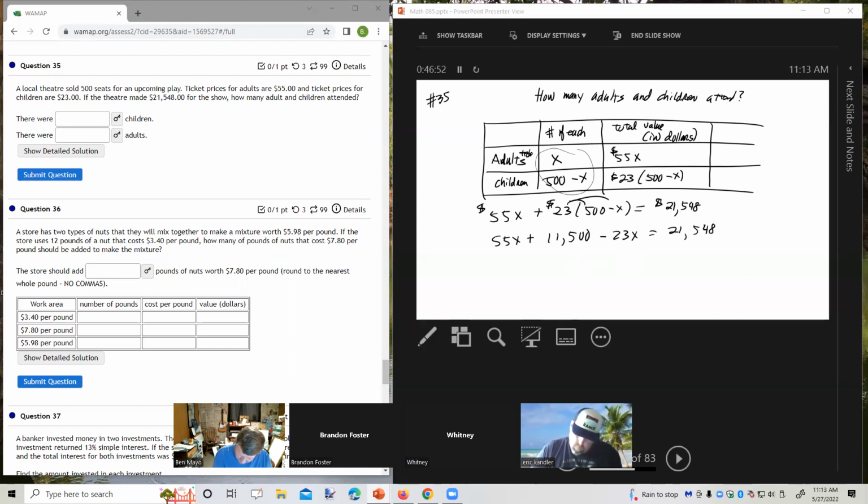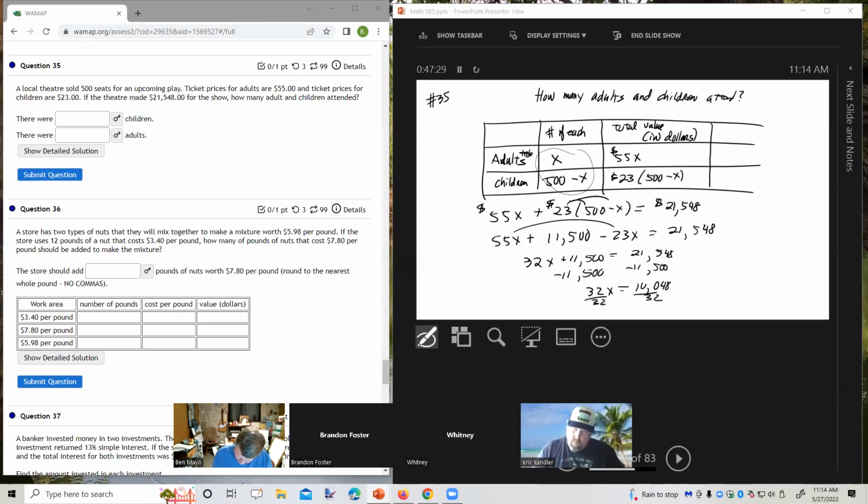21,548. Combining like terms, 55 minus 23, 32X plus 11,500 equals 21,548. Subtract 11,500, 21,548 minus 11,500. And we get 32X equals 10,048.